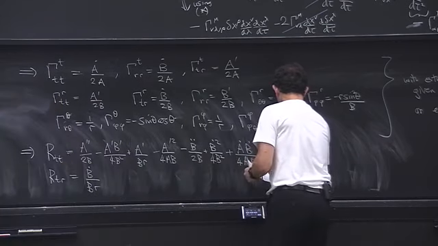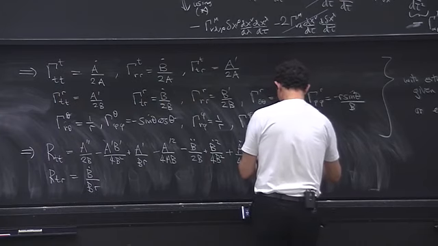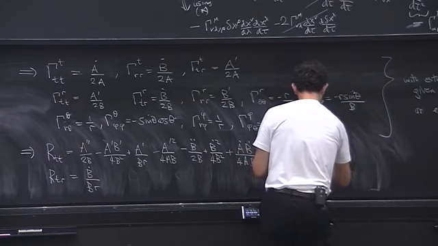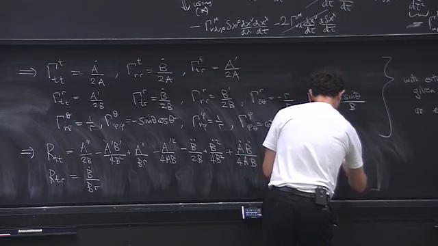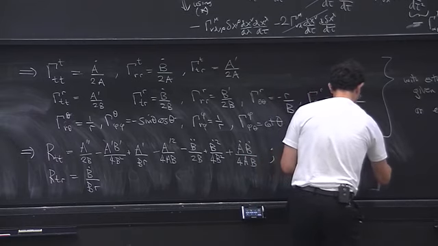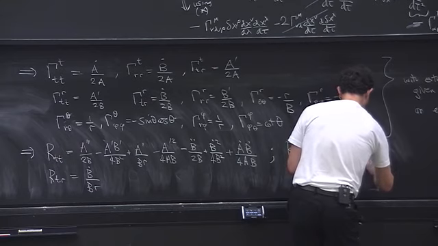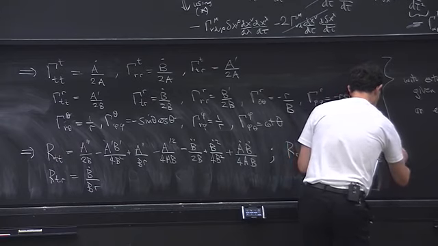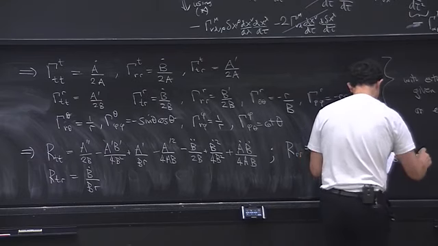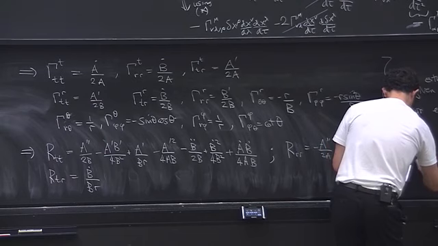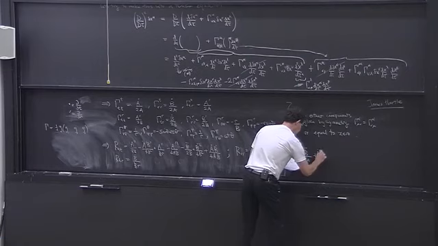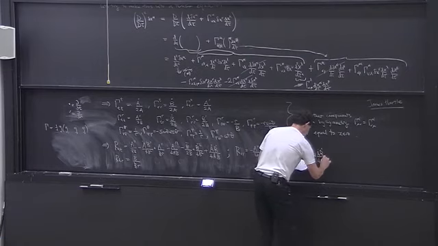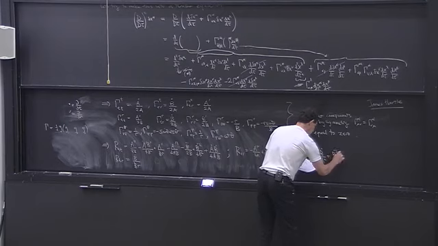We have R_rr, which is minus A double prime over 2A plus A prime squared over 4A squared plus A prime B prime over 4AB plus B prime over Br minus B double dot over 2A plus A dot B dot over 4A squared plus B dot squared over 4AB.